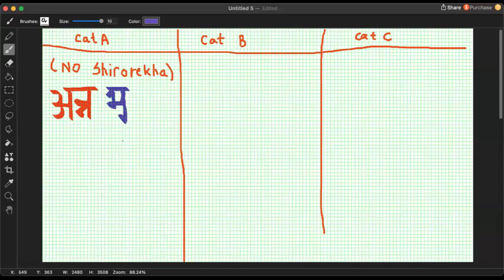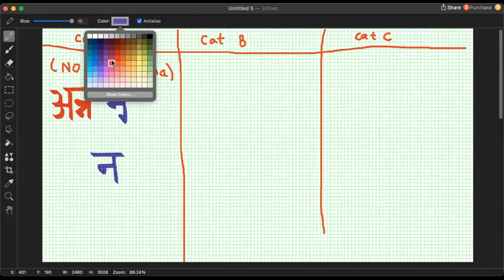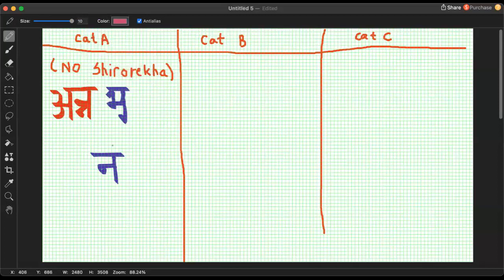And we all know na is written like this, right? So now, when na has to be written as a conjunct, it is touching the Shiroreka only once. See, it is touching the Shiroreka only once.